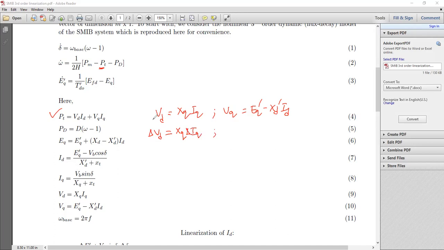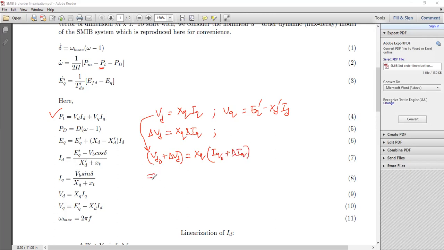Actually, what I'm doing is this. If I want to express what is going on in between, I can simply write VD0 plus del VD equals XQ, which is a constant, so we don't bother about that. It will remain there as it is in the multiplied form. I would like to express IQ as IQ0 plus del IQ.